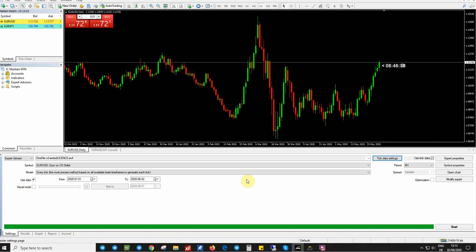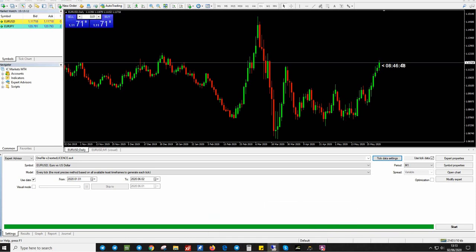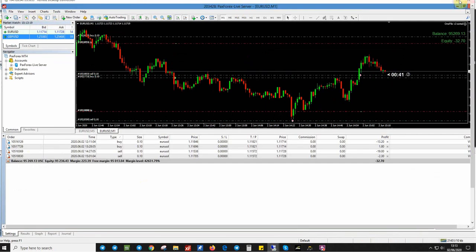So if you've only got $500, you can use a cent account, which will give you a 50,000 size account. Now, you don't need to be embarrassed because you're using cent accounts. I've got lots and lots of people using cent accounts, and I'm going to show you on here somebody that's using a cent account.